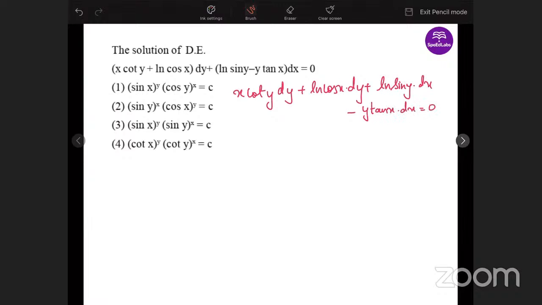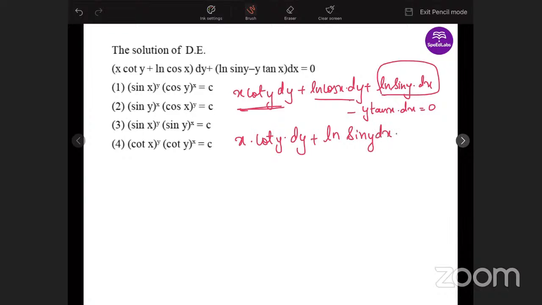Can I write like this? Yes, sir. So now I'm taking all the dy's together, so that is x times cot y into dy plus ln sin y into dx. Can I write like this? Yes, sir.